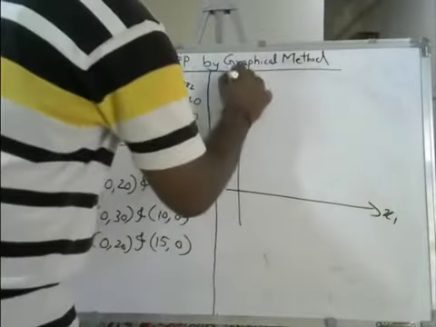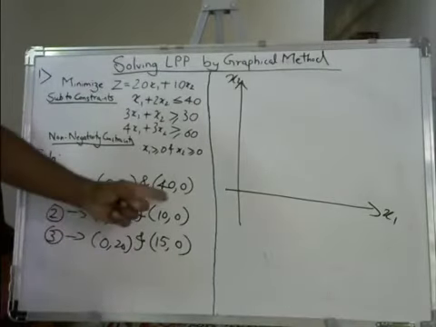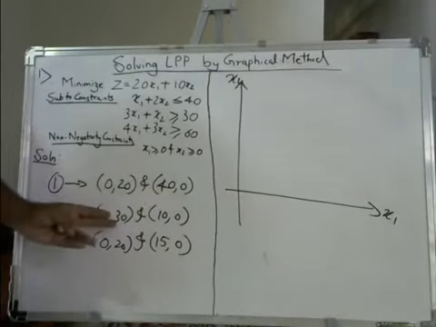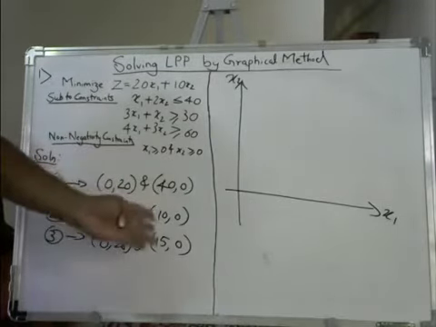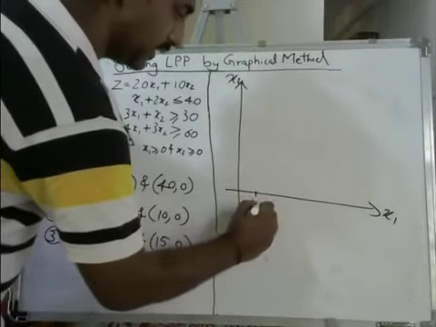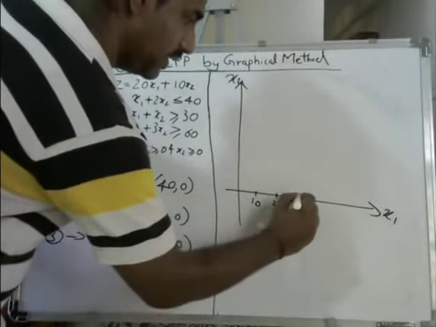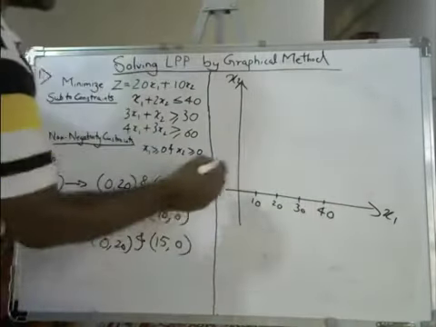This is x1 and this is x2. Now the maximum coordinates we have are 40 and 30 in x1, x2, and on x1 we have 40. So I'll take it like this: 10, 20, 30 and 40 here.